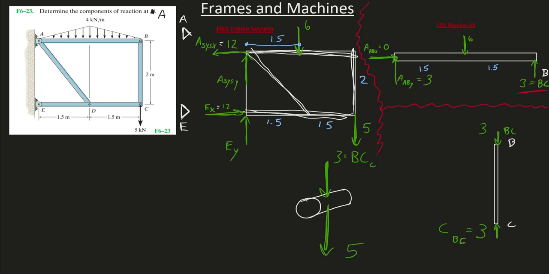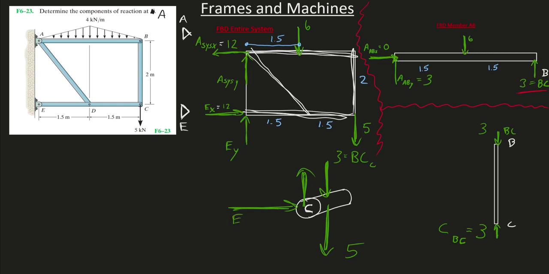Okay, but don't forget, I also have EDC touching this pin. EDC is not a 2-force member, so I know its force won't be as simple as this. So I'm going to say, okay, let's just say that EDC does this onto that pin C. I'm just going to make sure I get my subscripts.